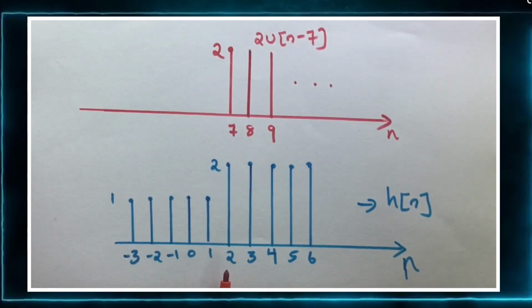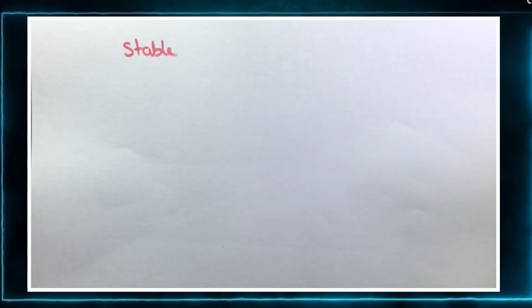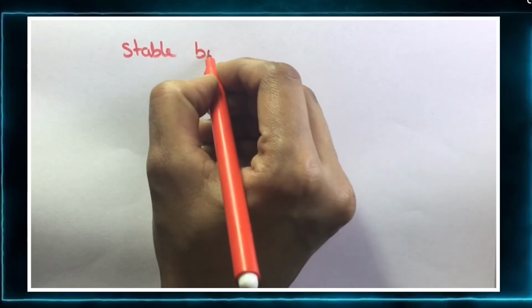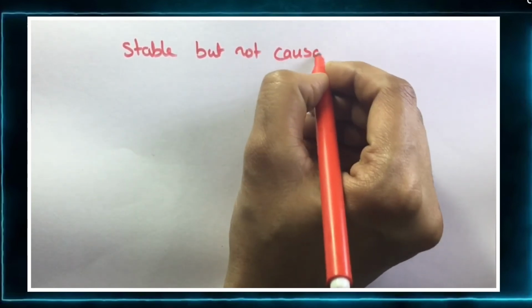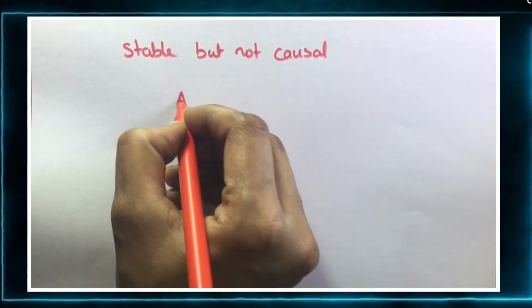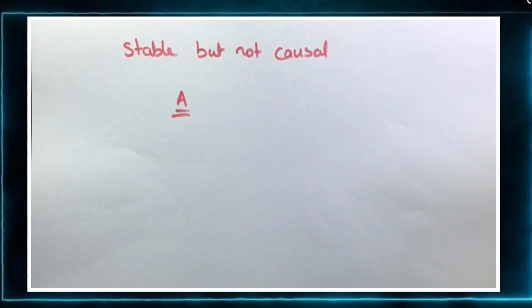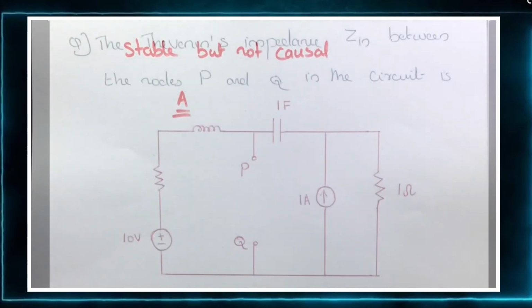From this, it is clear that it is absolutely summable. Hence, it is a stable system. So we get our system is stable but not causal. That is option A. Alright?